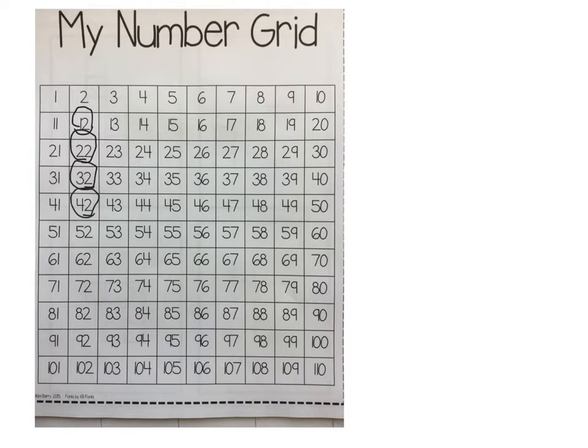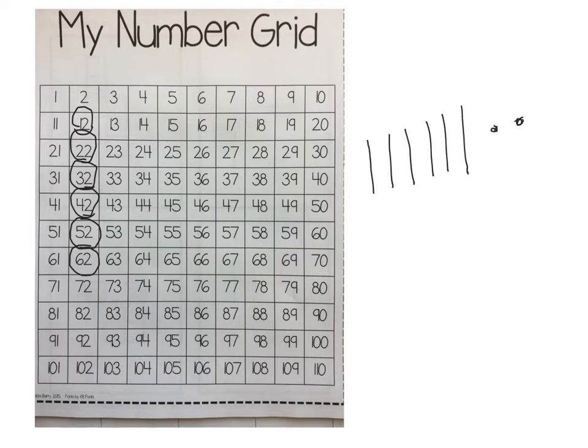1 ten and 2 ones, 2 tens and 2 ones, 3 tens and 2 ones, 4 tens and 2 ones, 5 tens and 2 ones, 6 tens, which would look like this: 10, 20, 30, 40, 50, 60.